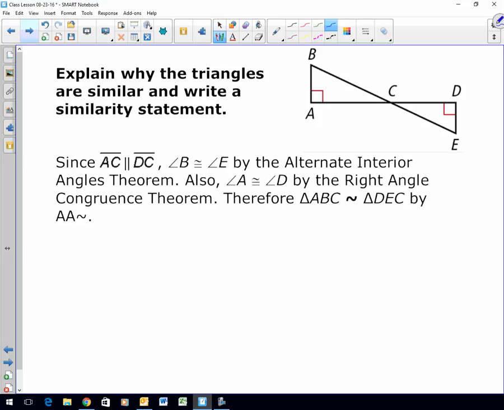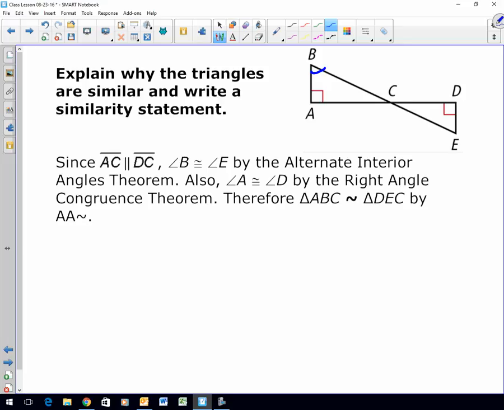Angle B is congruent to angle E by the alternate interior angle theorem. Now we don't know that yet because we haven't done transversals, but we'll get there. Here's the important part. Angle A is congruent to angle D by the right angle congruence theorem.